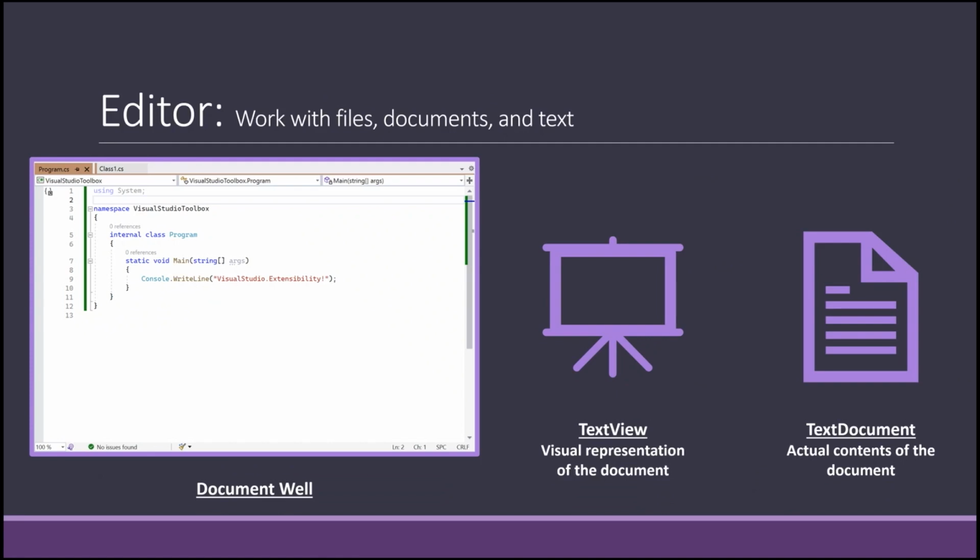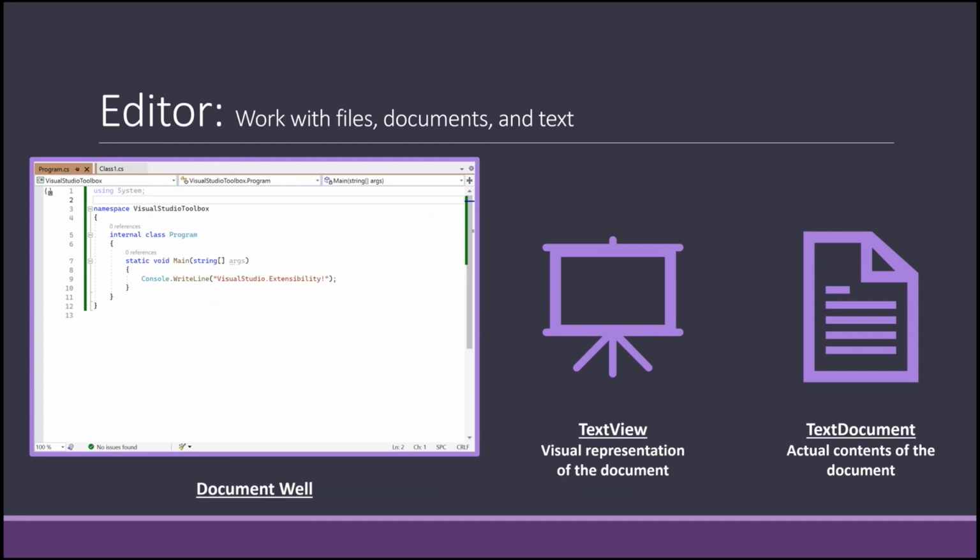Now, behind the scenes, or under the hood, whichever metaphor you prefer, there are a couple of concepts that map to a text document. First, the text view. That is an in-code object that corresponds to the visual representation of the document that you see here in the document well.